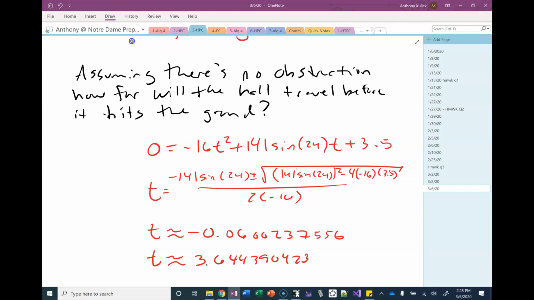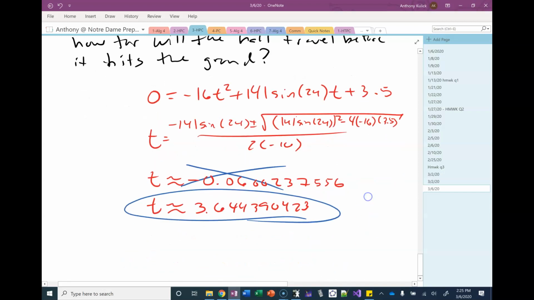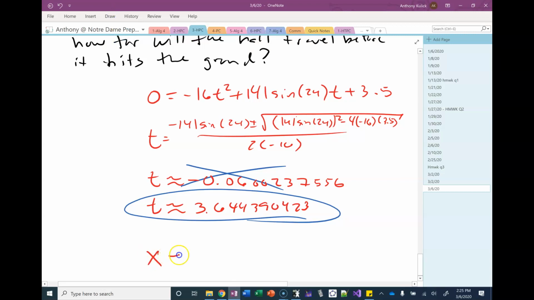Do both of these answers make sense? No. Which one doesn't make sense? The negative. Time's not negative. So this is the answer that we need. What are we going to do with this answer? I'm going to take my x equation and plug in that value of t.